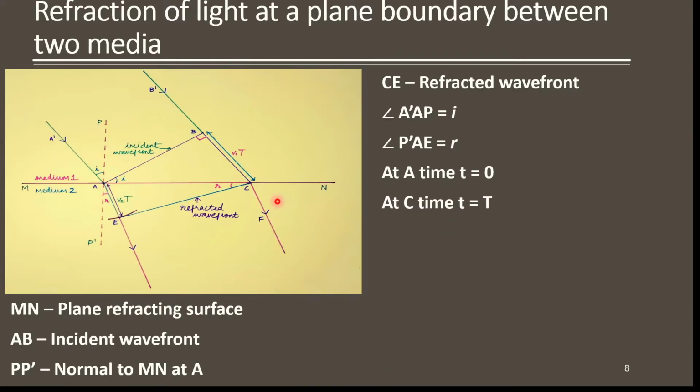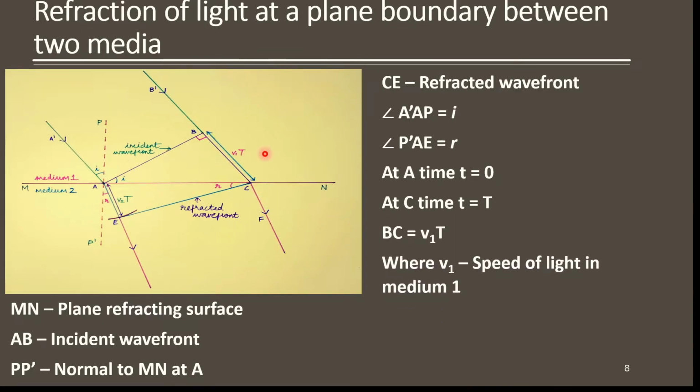Then BC is equal to V1t, where V1 is the speed of light in medium 1, and BC is the distance covered by the incident wavefront in time t.